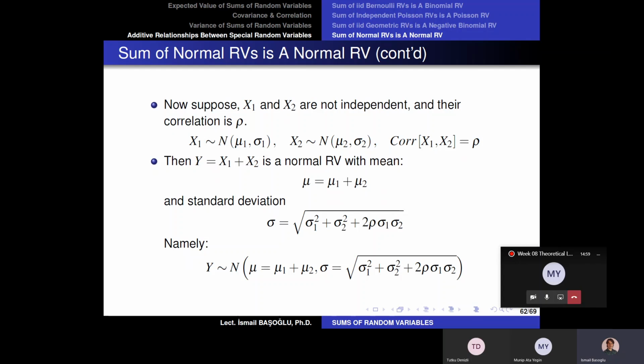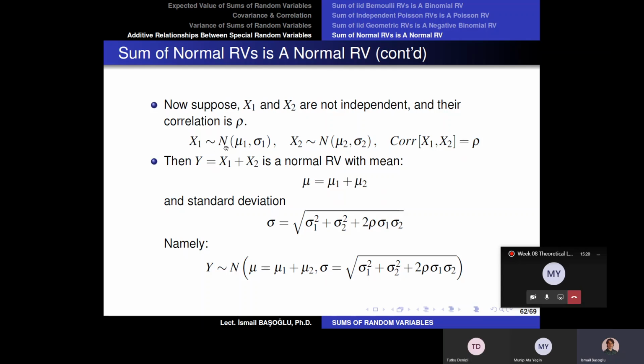Now, of course, not every time are two normal random variables independent. Sometimes they may be correlated. So let's this time say x1 and x2 are not independent, and they have a correlation rho. There is a correlation between x1 and x2, and that is equal to rho.